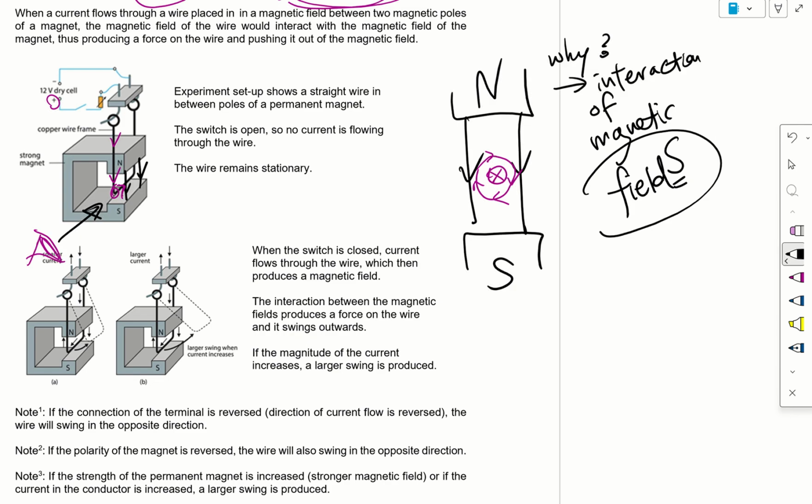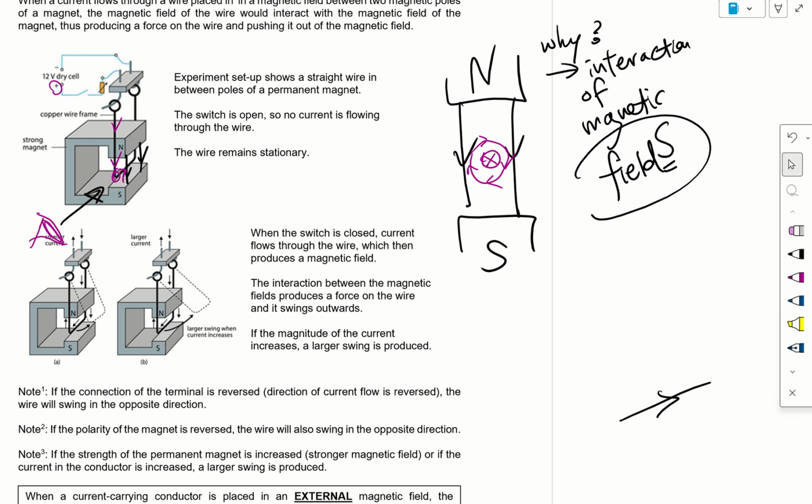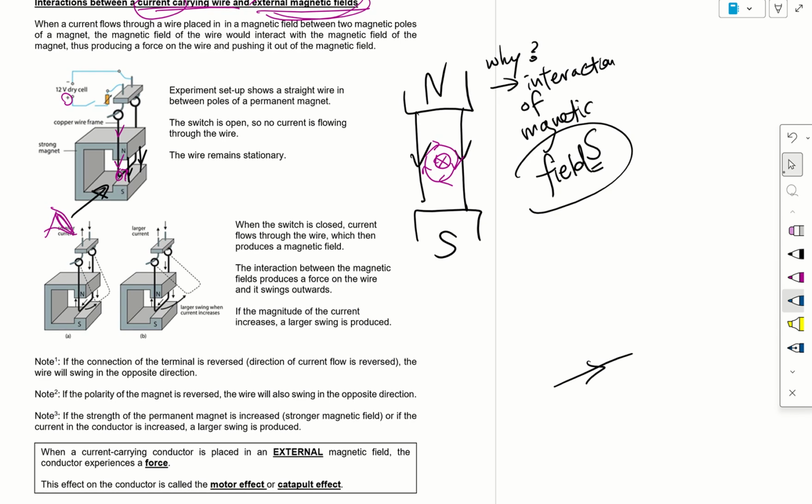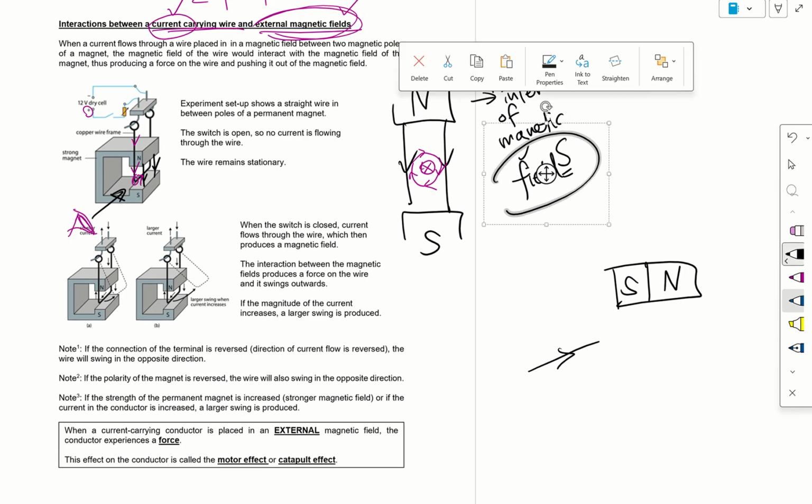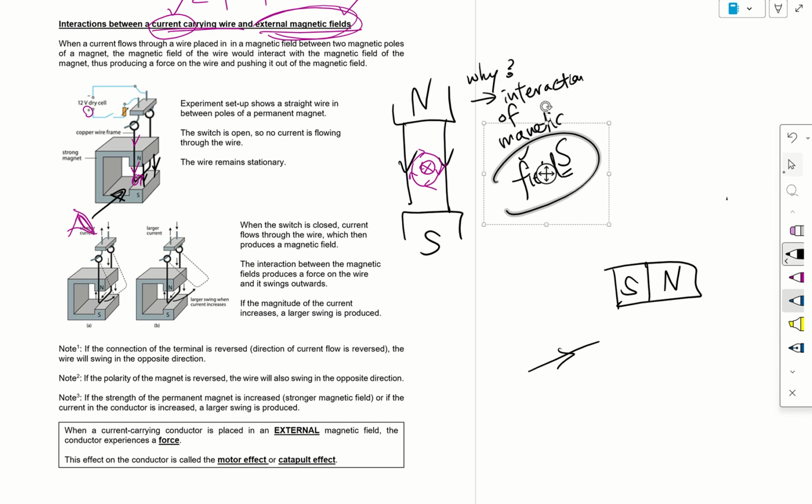If it's just a single field, that means if I just have this wire carrying a current, it will produce a magnetic field, but there will be no interactions because there is only one magnetic field. If I have a magnet here, of course it will produce a magnetic field, but there will be no interaction with other magnetic fields, because if I just place a magnet there, the magnet will just stay stationary, there will be no movement.